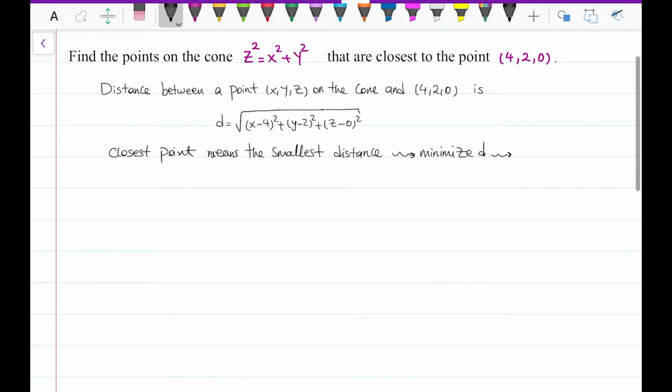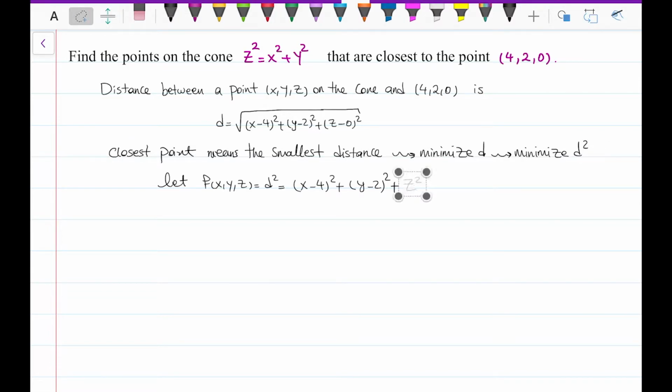So what I need to do is to minimize d squared. Let the function f, which is a function of 3 variables, be d squared, which is (x minus 4) squared plus (y minus 2) squared plus z squared.